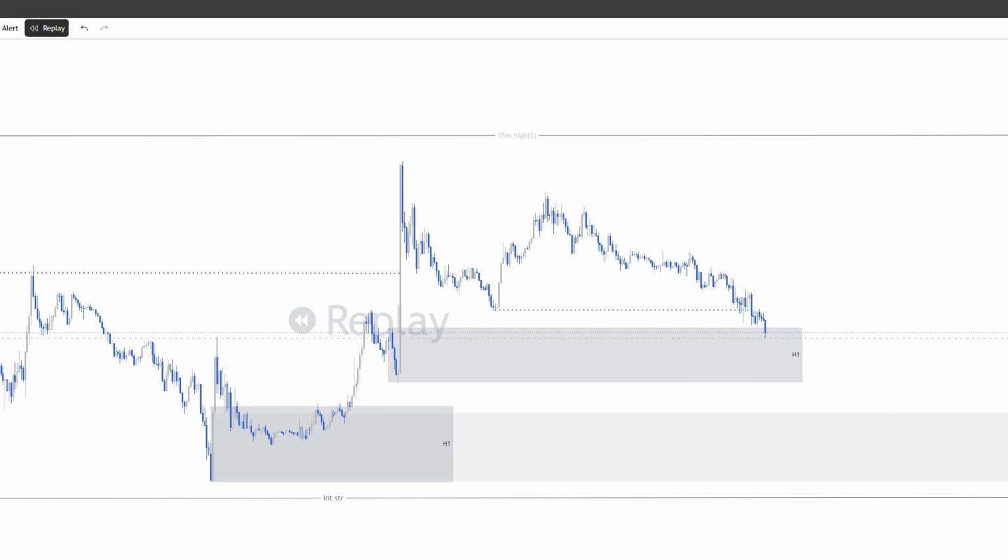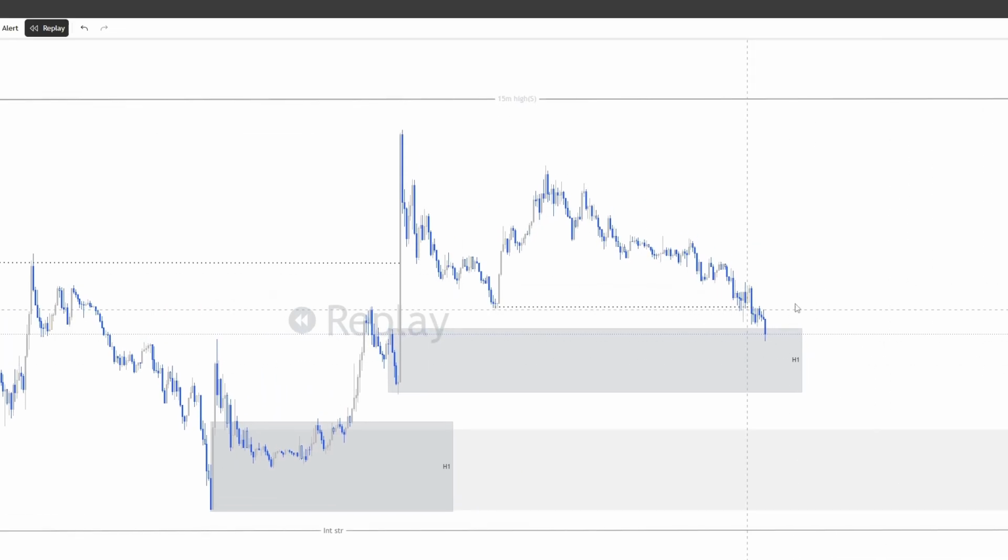So we are going to look for our entry as price pulls back and mitigates this demand zone. And we also have a break of structure here. So in this case, what I will do is I will not target here. I will just target here now, okay? Because we have a break of structure, it could be that the trend has started to change.